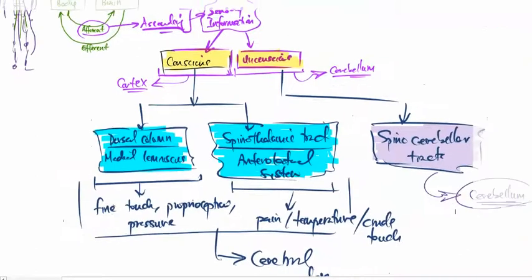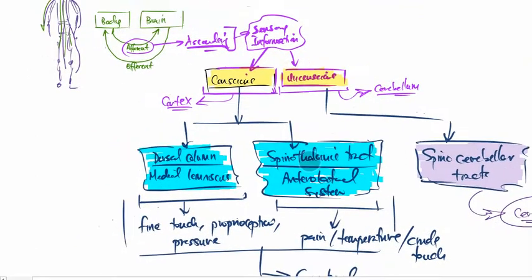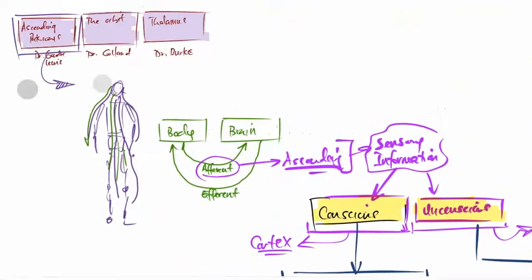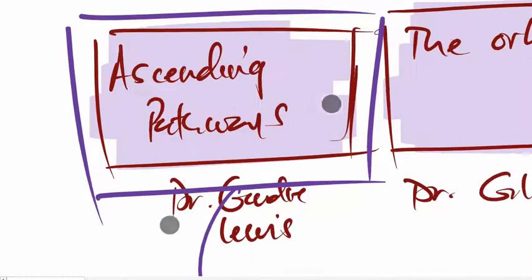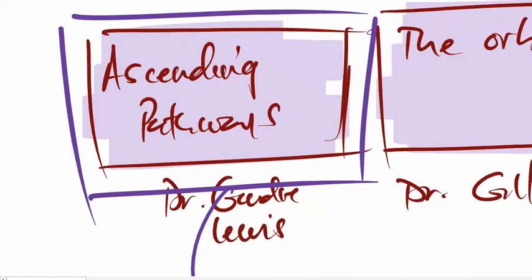I'm trying to give you a way of seeing it. When we're talking about ascending pathways, we're simply talking about sensory information moving from your body. So we pick up sensory information, it could be fine touch, pressure, proprioception, pain, whatever from your body. Then that information travels through tracts and goes up to your brain.